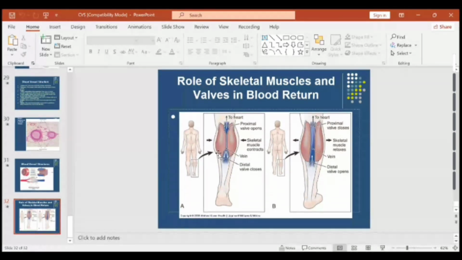A system will be activated, and that system only has one aim: to restore the blood pressure. And how does it achieve that? This is an interplay between the heart, or the cardiovascular system, together with the kidney, which is the renal system, and a little bit, of course, with the coordination of the brain.